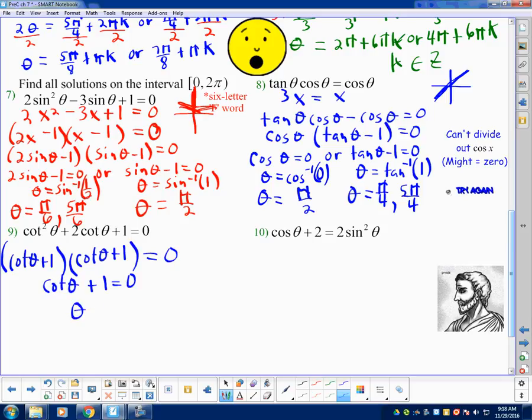Theta equals inverse cotangent of negative 1. So if I draw a picture here, that's going to happen here and over here. So what are those 2 angles?